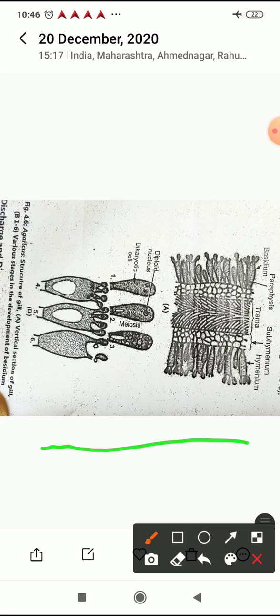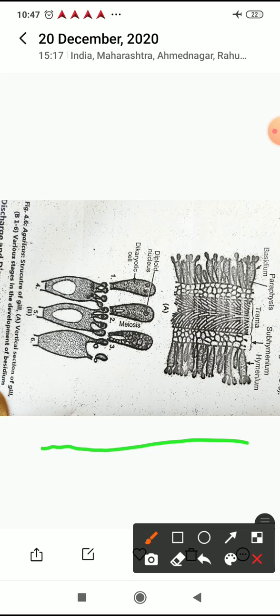But in case of Agaricus bisporus here, somatic hyphae are homothallic, meaning present in one and the same thallus.